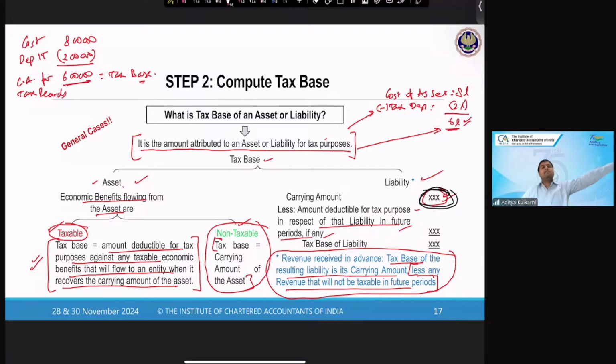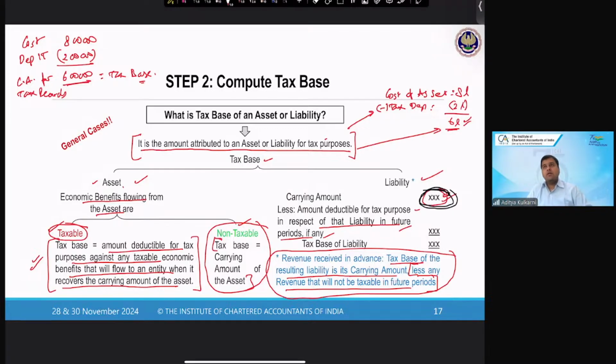So against the economic benefits that will come in the future, I will be considering 6 lakh as the amount that will be recovered. Are we able to understand? Yes, sir. Everyone? Priyanka? Okay.